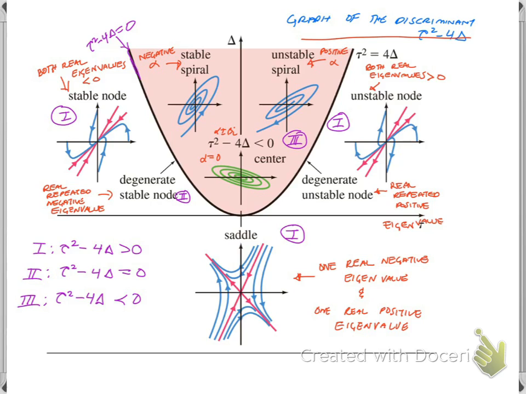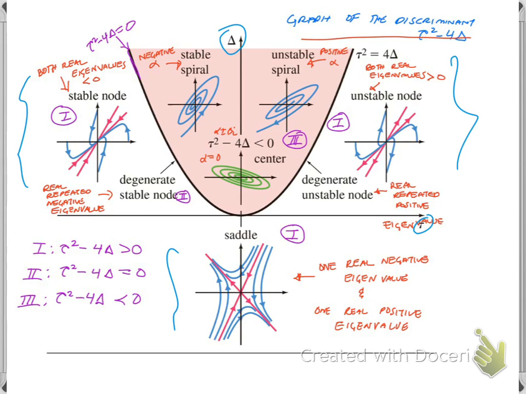But basically, to classify your type of solution, you can look at your tau and your delta and then your discriminant as well. Because if you are greater than 0, then you're in the outer regions here, 1, 2, or 3.